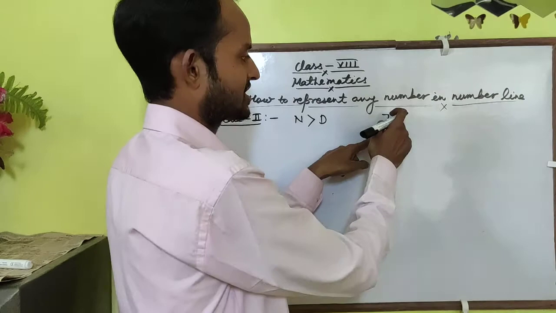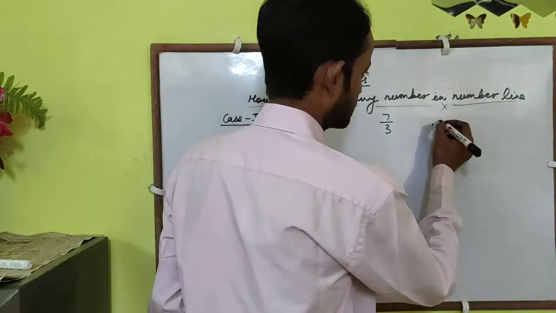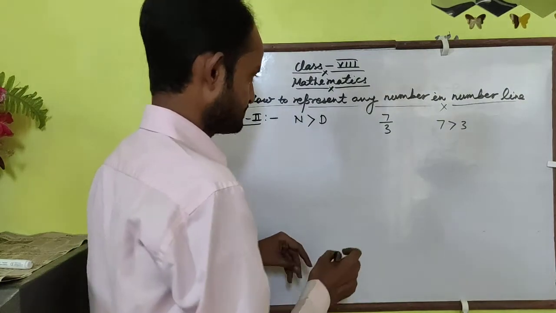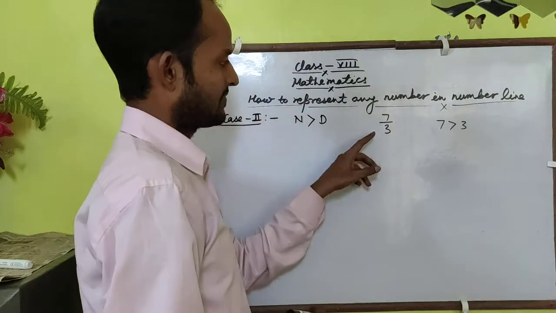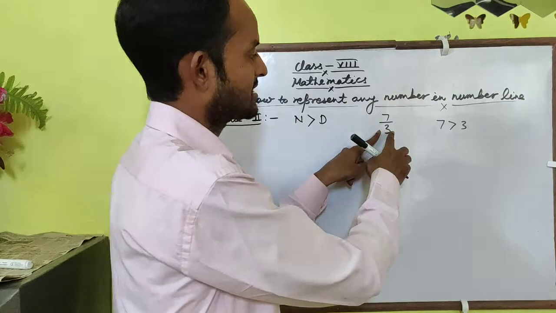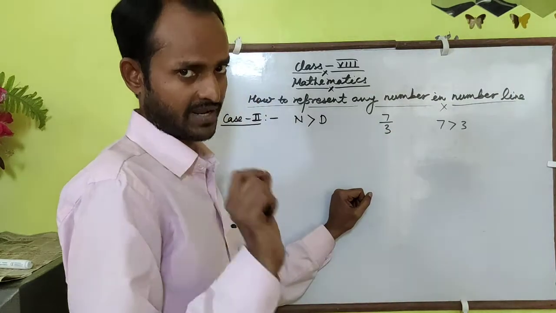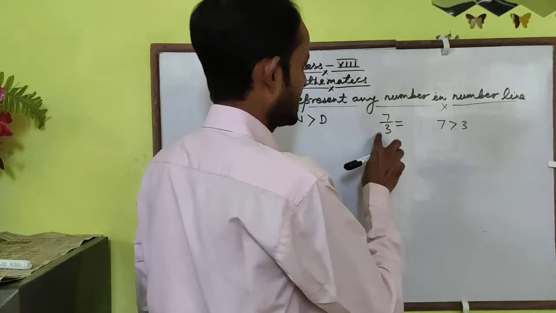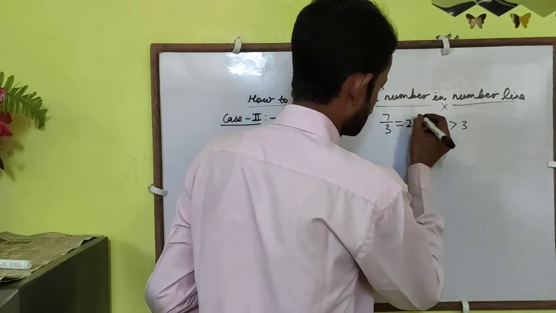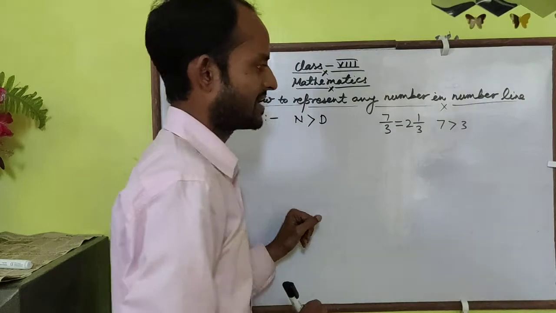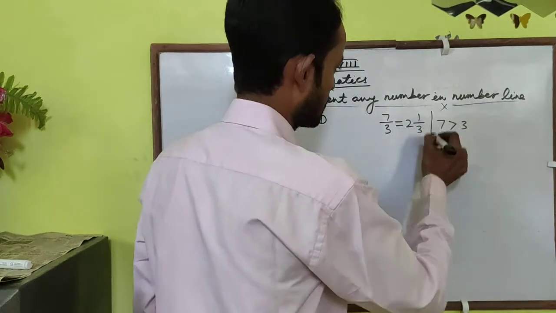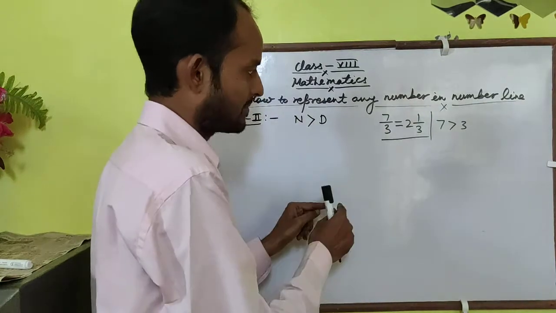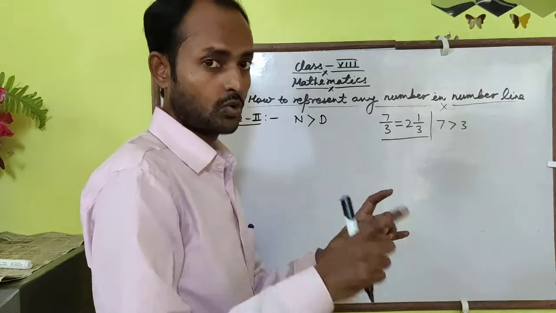Clearly 7 is greater than 3, so we have to consider case number second. First of all we have to convert this fraction into a mixed fraction. Converting it gives 2 whole 1 by 3. What is the meaning? The number lies on the number line between 2 and 3.